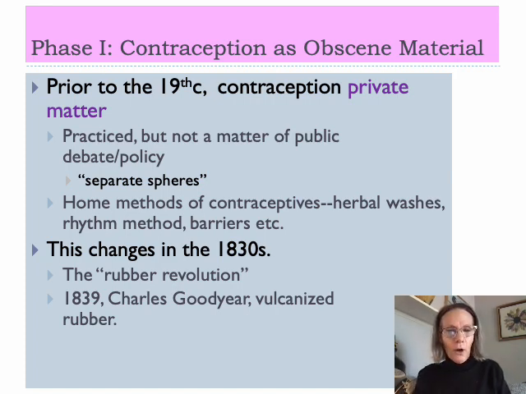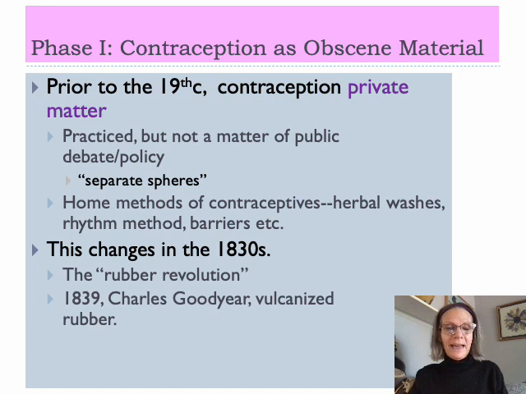But sheaths used as condoms from animal skins were used, but they weren't very reliable prior to the 1830s. But Charles Goodyear, a chemist, came up with a method of what was known as vulcanizing rubber, changing rubber so that it was more durable and that it could be mass produced.